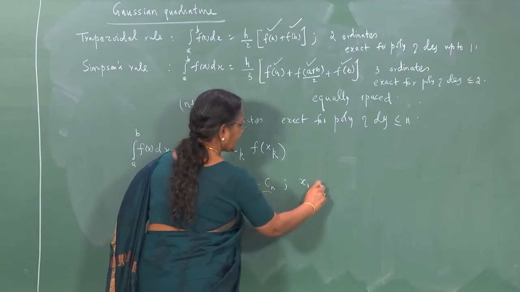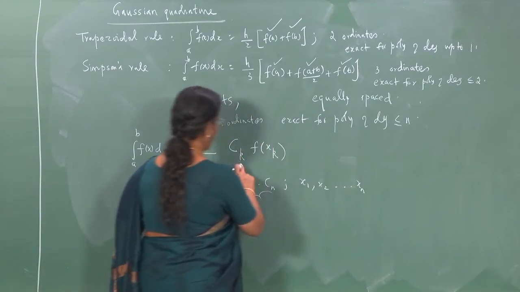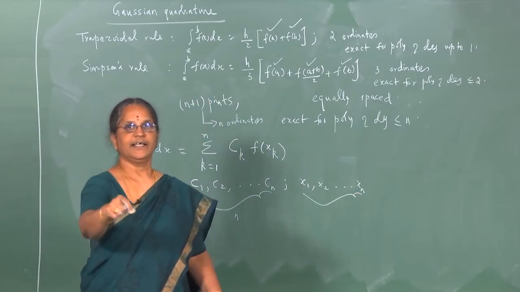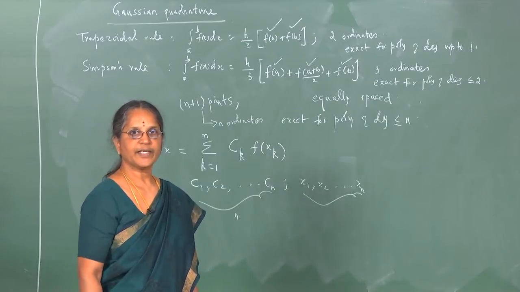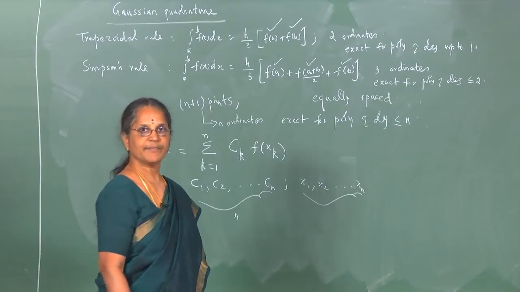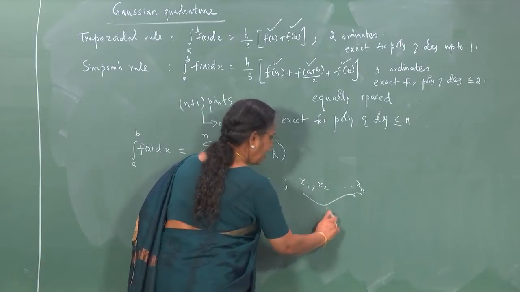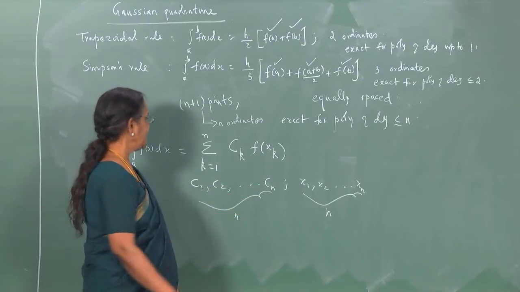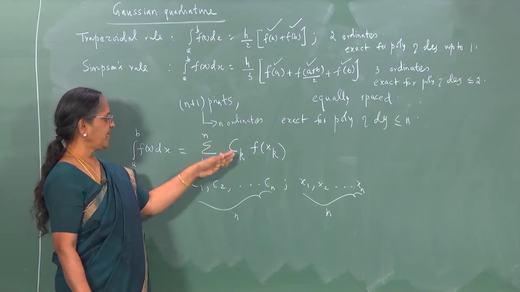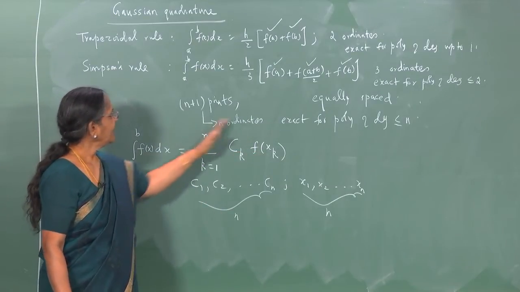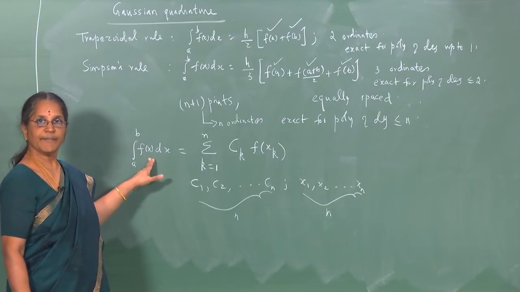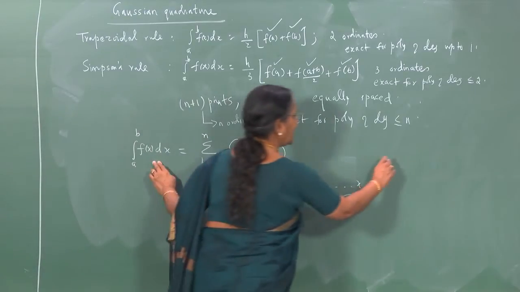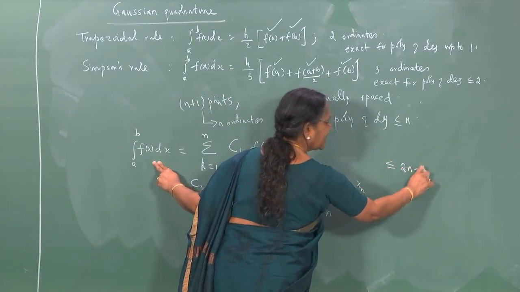So, x1, x2, etc., with k running from 1 to n, are the nodes that we have to select in that interval a to b, which need not be equally spaced, so that we have another n unknowns. So, totally we have 2n unknowns to be determined such that sigma k equal to 1 to n c k f of x k will evaluate this integral, and the method will be exact for polynomials of degree less than or equal to 2n minus 1.